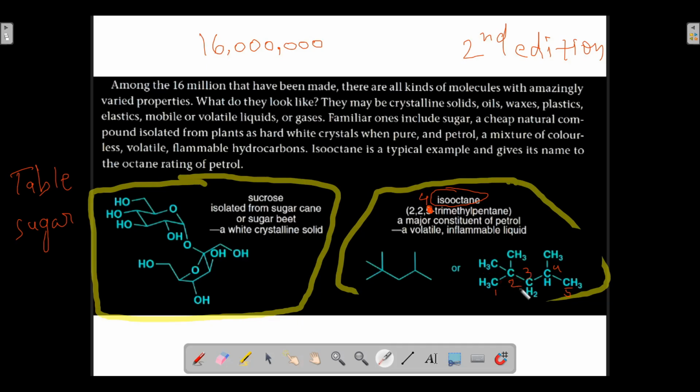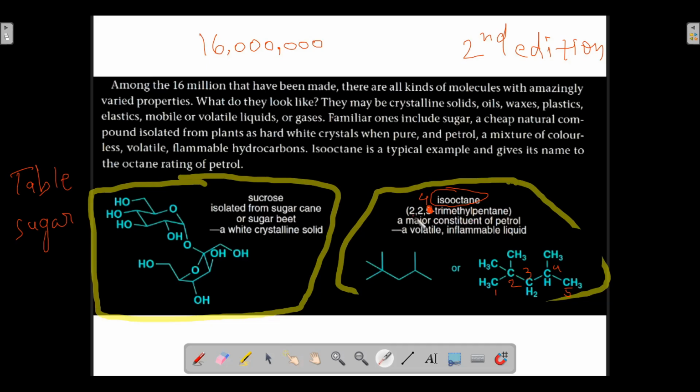And on the fourth carbon there is again a methyl group. So there are overall 3 methyl groups: 2 at the second carbon and 1 at the fourth carbon. So 2,2,4 trimethyl pentane.